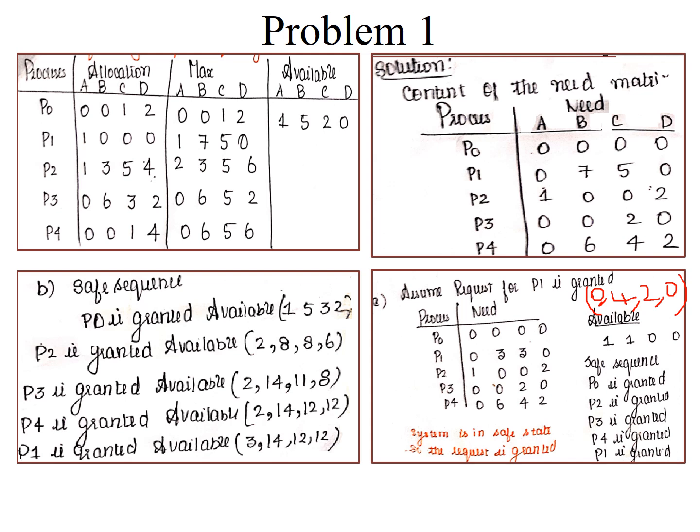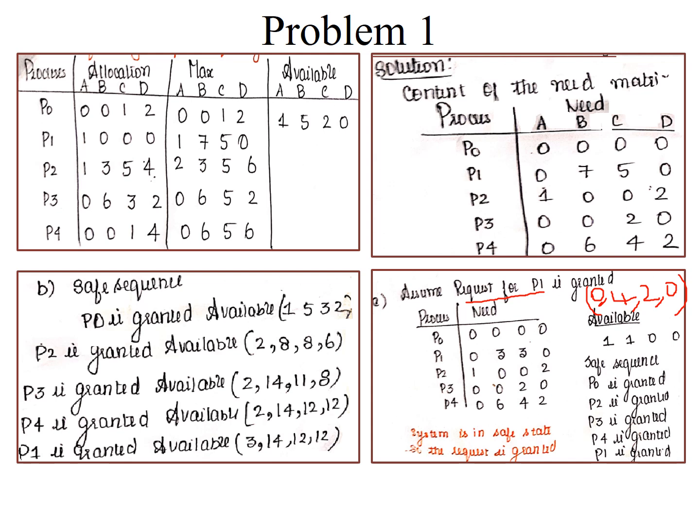As if we have provided the request, we will update all the values and once again apply the safety algorithm. If the safety algorithm results in a safe state, then obviously we can grant the request, or else we should not grant it. So let us assume that we are granting the request of P1.